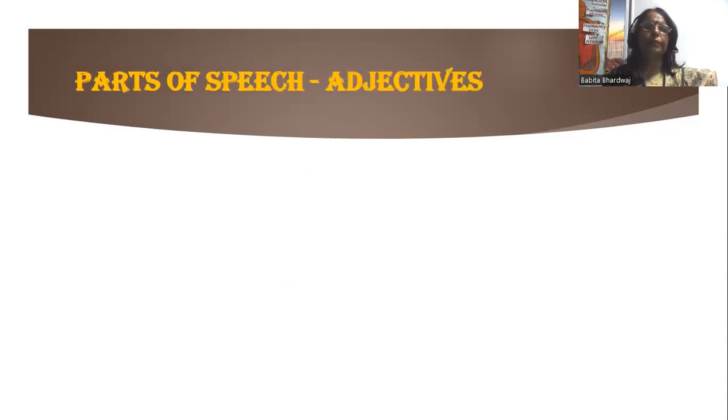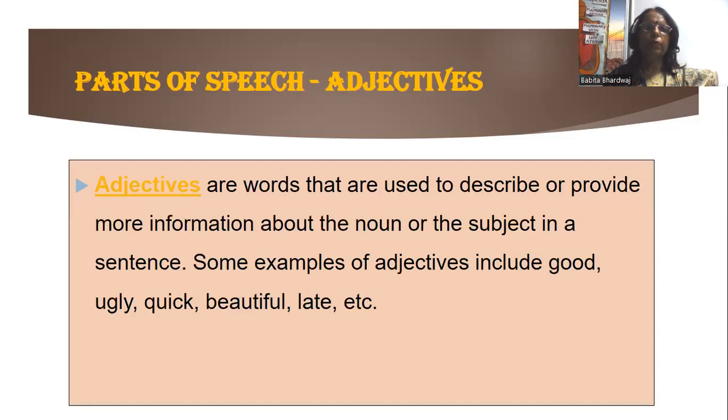in our sentences. Now coming to the other part of speech, that is adjectives. We are commonly using adjectives. Adjectives are the words that are used to describe or provide more information about the noun or the subject in a sentence. Some examples of adjectives include good, ugly, quick, beautiful, late, etc. Suppose here we are talking about a class.